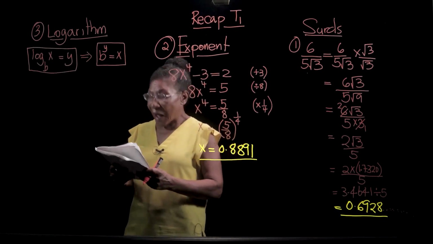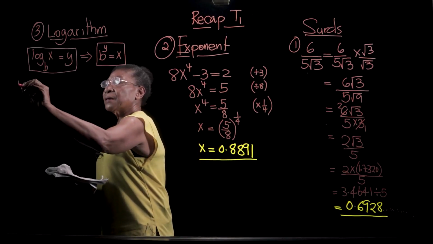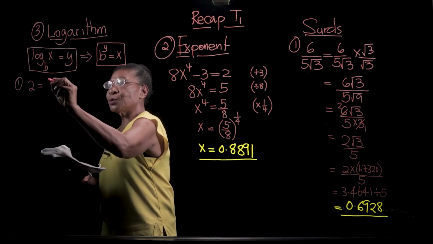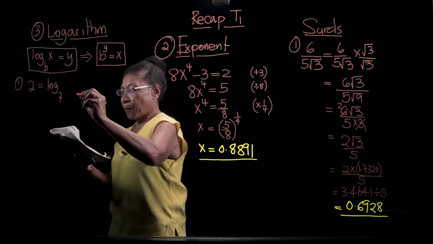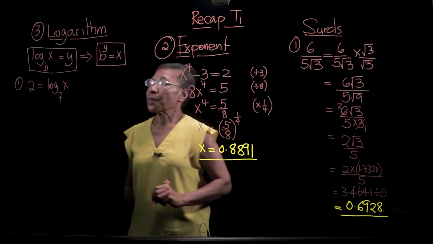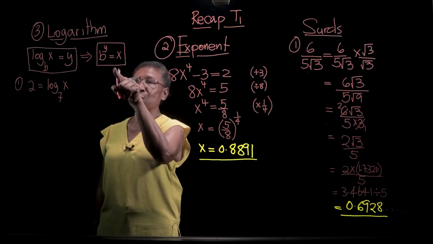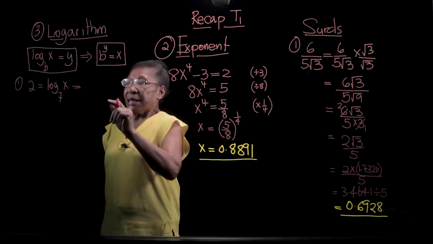So if I have an expression, and the first expression gives me 2 is equal to log base 7 of x, then all I need to do is to solve it by expressing it in the form of an exponent.